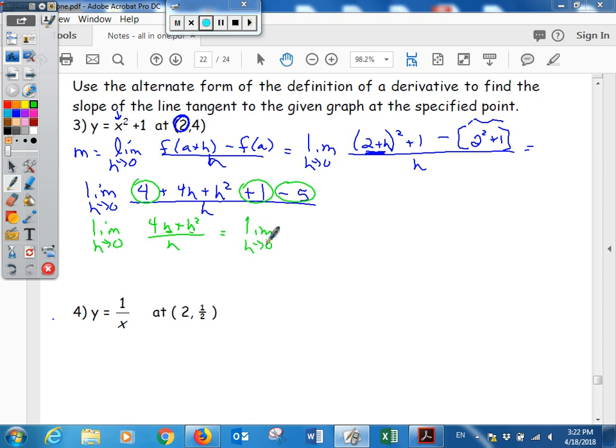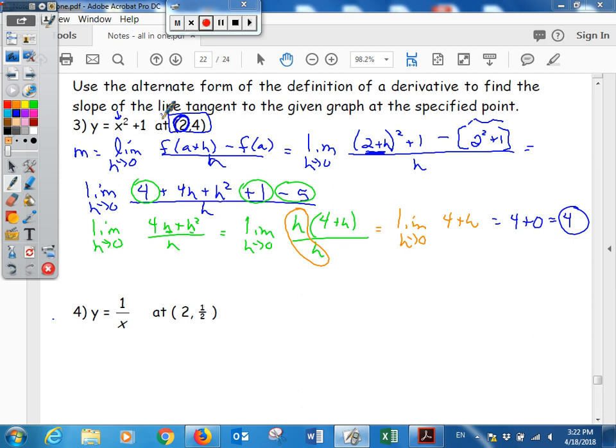So the limit as h approaches 0, factor out the h and get 4 plus h, which allows you to cancel these h's, leaving me with the limit as h approaches 0 of 4 plus h. And now we can plug the 0 in for our h and get 4 plus 0, or 4. So the slope of the tangent line at this particular point is equal to 4.